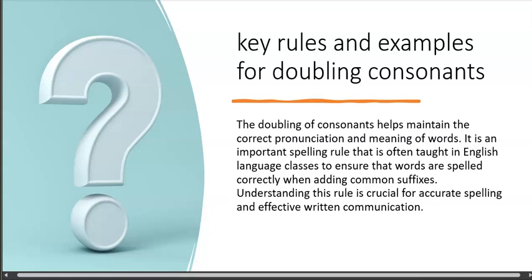Suffixes are word endings that we add at the end of words. So when we're adding suffixes, maybe ed, maybe ing, we have to understand these rules so that we do not make mistakes when writing, we better our pronunciation, do not change the meaning of the word, and better our spelling too.